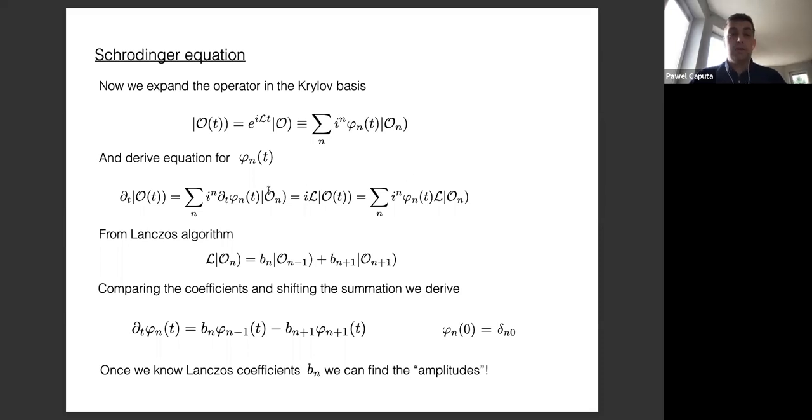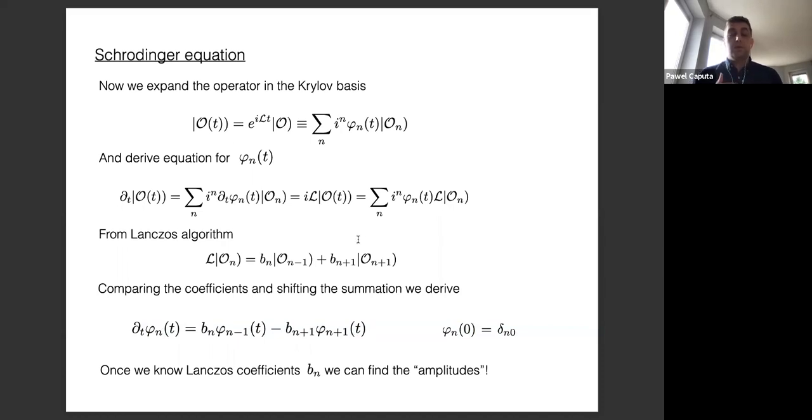If you compare now the coefficients of these two sums, once you reshuffle the summations and use this definition of the Liouvillian, you get that this discrete Schrödinger equation should be satisfied by these phi n's.